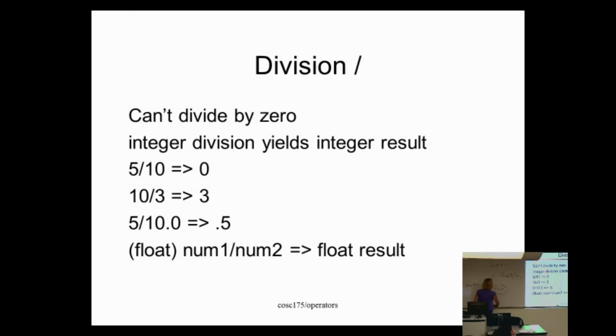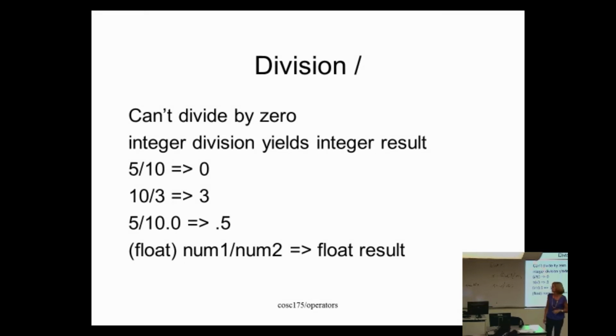Okay, so when I did this, it was not a problem with addition, because if we add a float and an integer, it'll go to float. So it's not a problem.